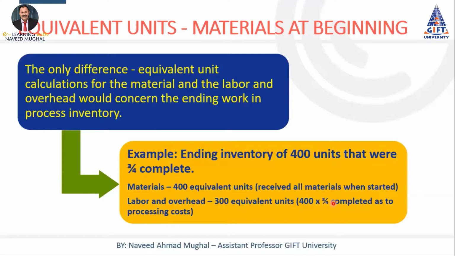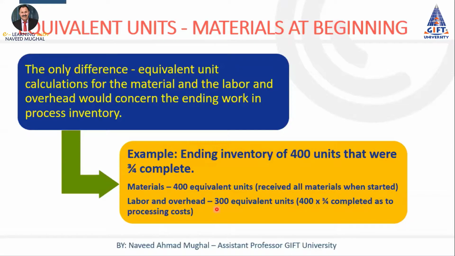Multiplying the stage of completion by the number of units results in 300 equivalent units. It means 400 units have consumed the conversion cost of 300 complete units. So the equivalent units with respect to conversion cost is 300.